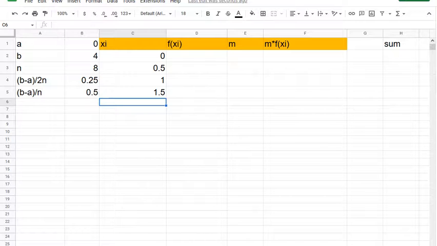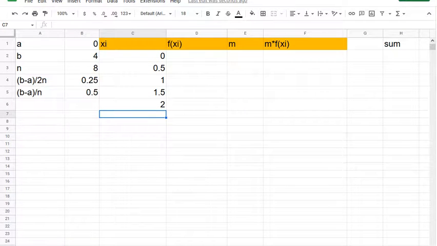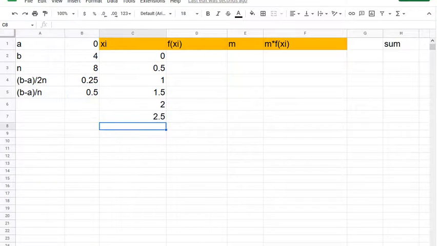And then the next one, we need x of 0 plus 4 times delta x. And then x of 0 plus 5 times delta x, and then 6.